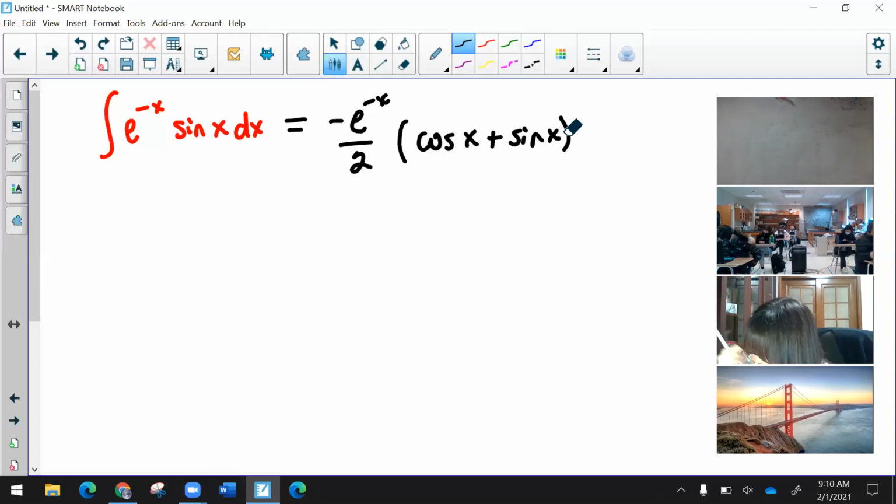Just make that bigger. Oh, it's important. Right, the integral. Minus parentheses u times v.